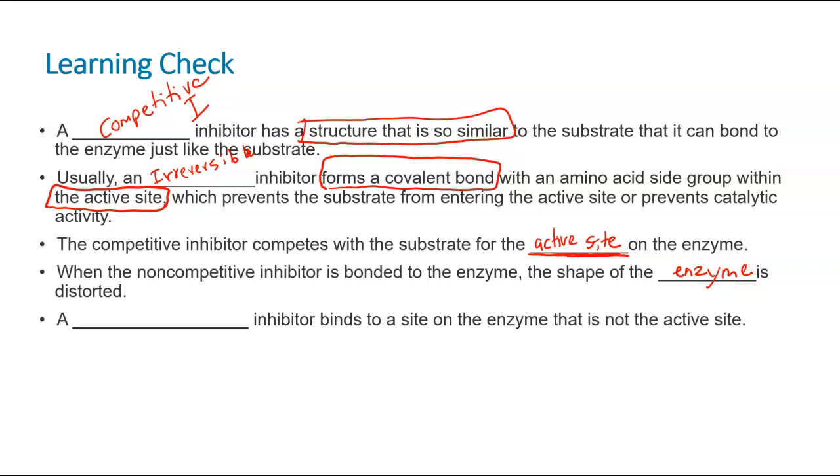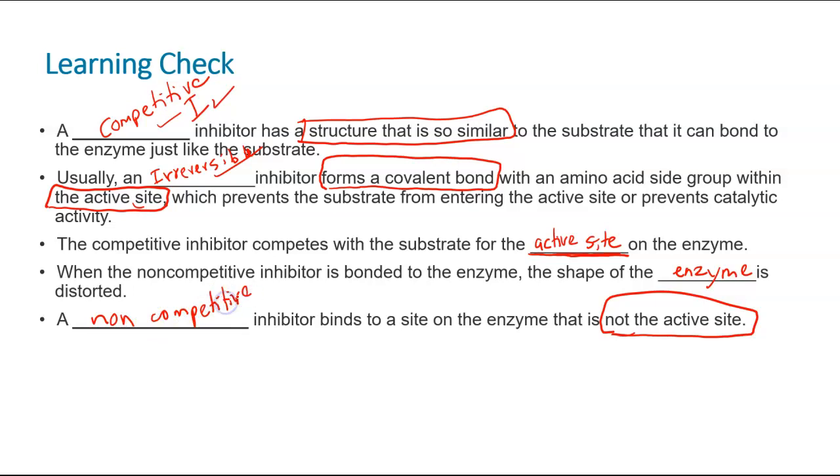Okay. And a blank inhibitor binds to a site on the enzyme that is not the active site. So remember, both the competitive and irreversible inhibitors bind to the active site or closer to the active site. The one that does not bind to the active site is the non-competitive one.